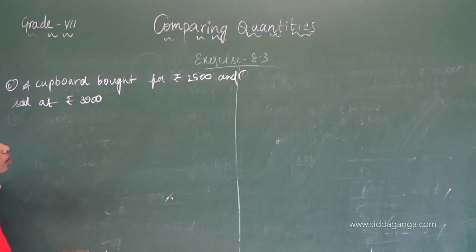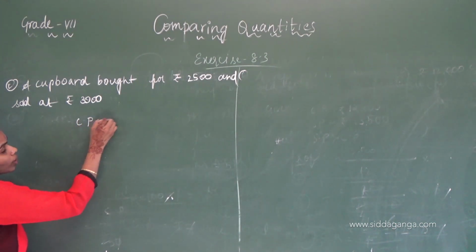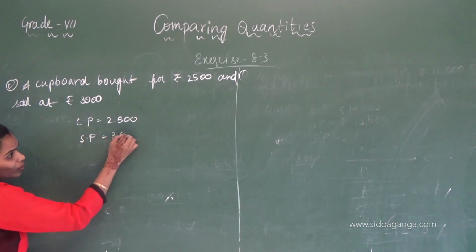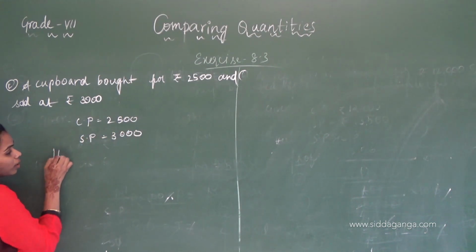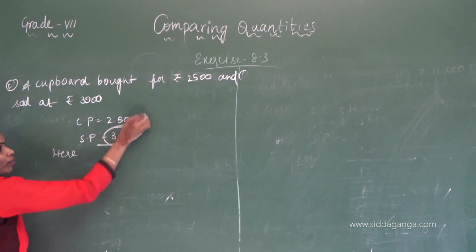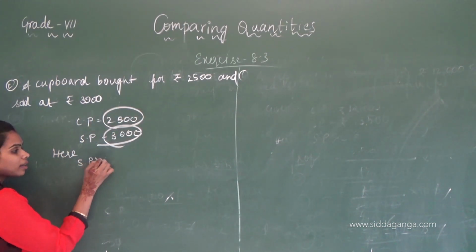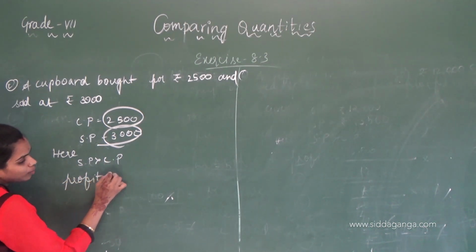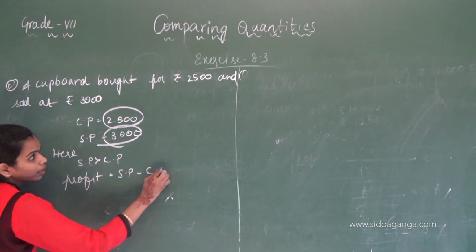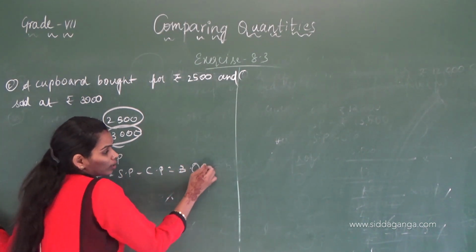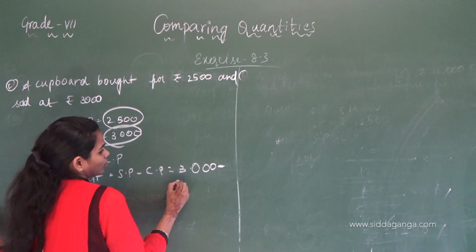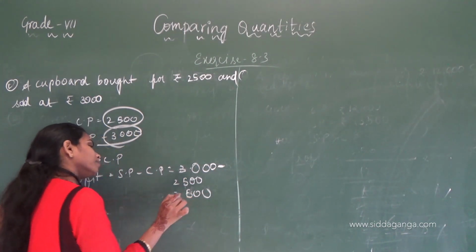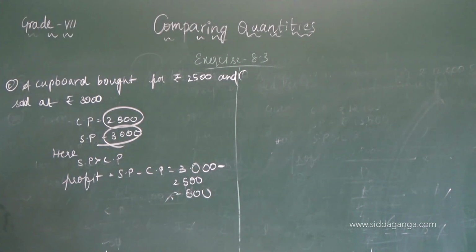You have to write CP 2500, SP 3000. If you compare these two, SP is greater than CP, so will we get profit or loss? Profit. Profit is SP minus CP, that is 3000 minus 2500, that is equal to 500.